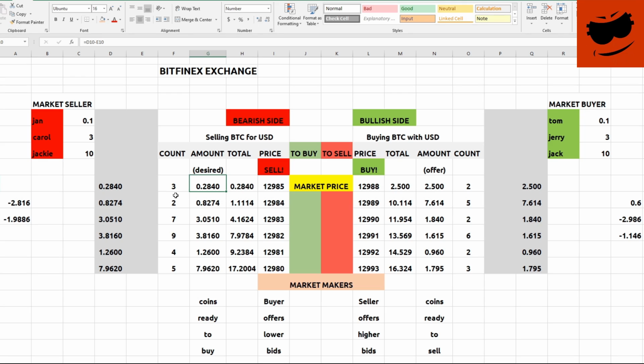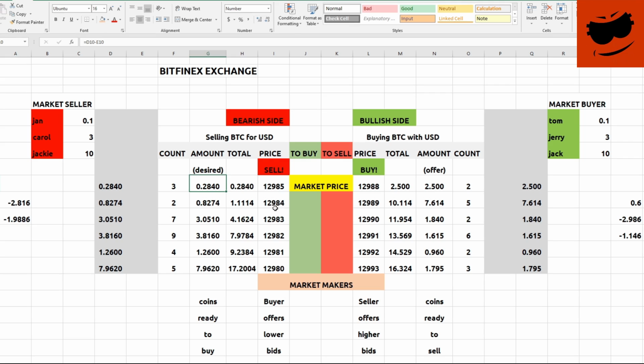In this particular order, you've got 3 orders. Someone desires 0.1 of a Bitcoin, the other person desires 0.1, and another person desires 0.084 of a Bitcoin. That's their offering, and they have the dollars to back those sales up.